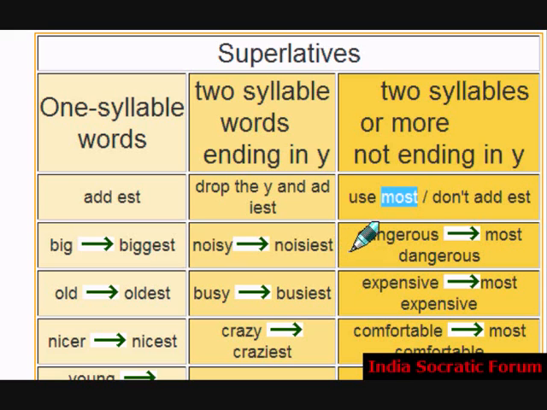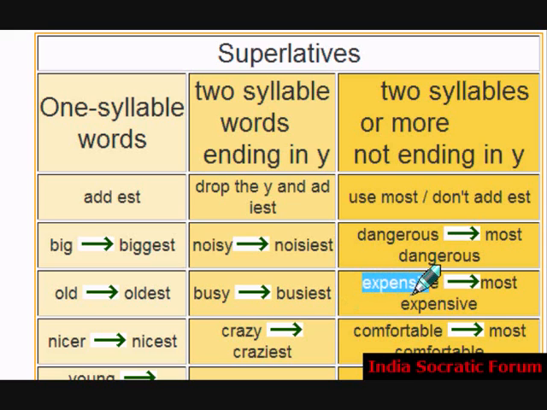For example, dangerous. How many syllables? Dan-ger-ous. Three syllable word. So we add most. Then we use the superlative form as most dangerous for the word dangerous.